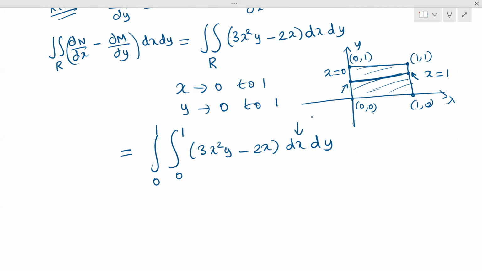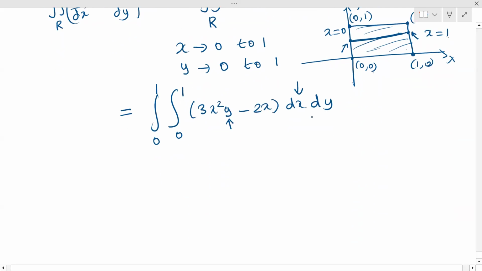First we do the integration with respect to x, keeping the other variable y as a constant. So write the outer integration as it is. In the first term, write the constants as they are: 3 is constant, y is constant.